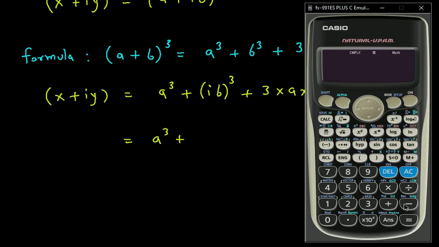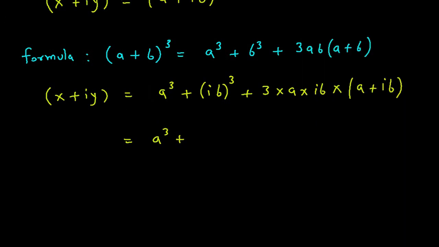And we can write −i as it is. So −ib³, and this will be cube because it is b³. Then plus 3 into a·ib, 3 into ab i, we can write it like this, then into (a + ib).